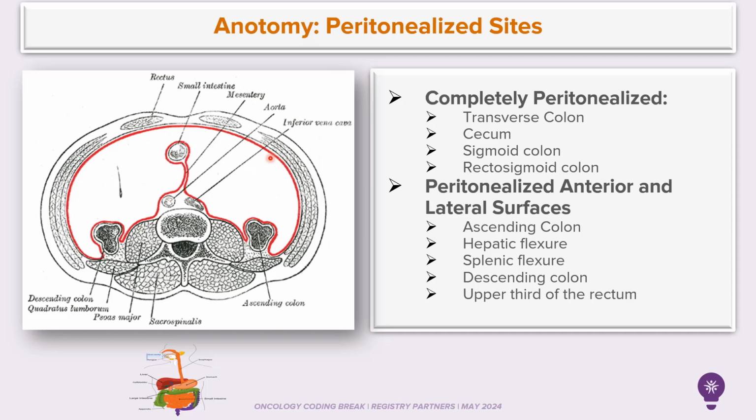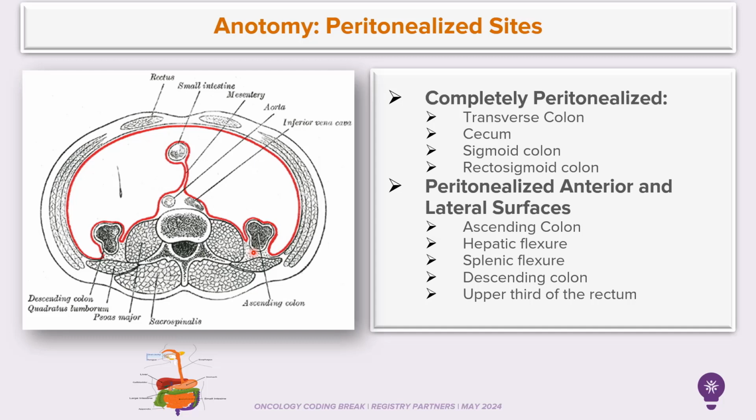In this cross section, what we've got here is the ascending colon, and here's the descending colon. As you can tell here, the peritoneum helps to hold the colon to the body wall. There's only a visceral peritoneum on the anterior and lateral surface. The posterior surface of both the descending and ascending colon are lacking a serosa.